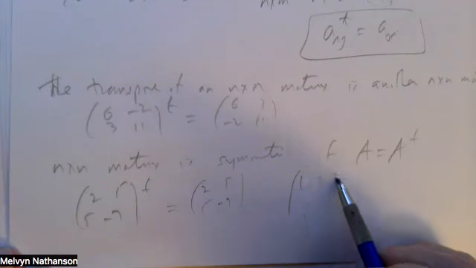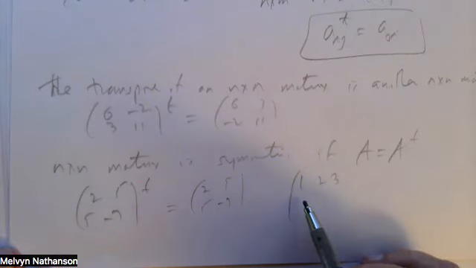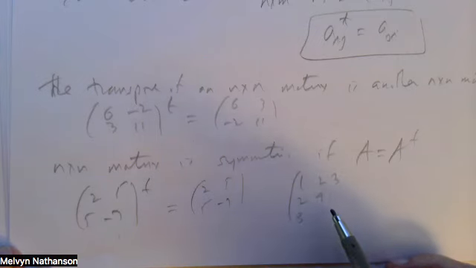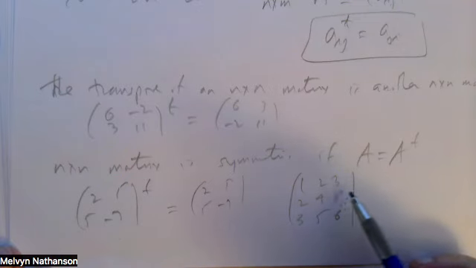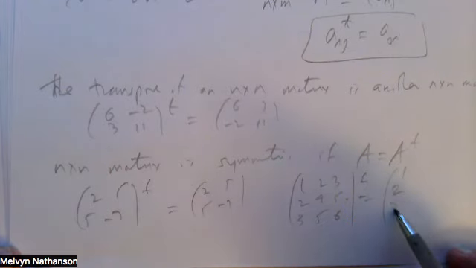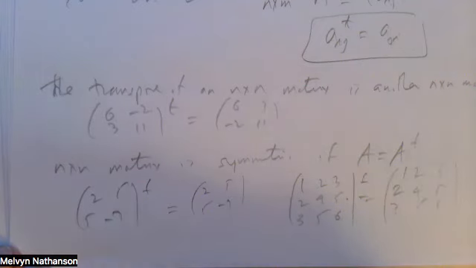I take the matrix 1, 2, 3, 2, 4, 5, 3, 5, 6. This is a symmetric matrix, because if I transpose it, 1, 2, 3, 2, 4, 5, 3, 5, 6, it still looks the same.